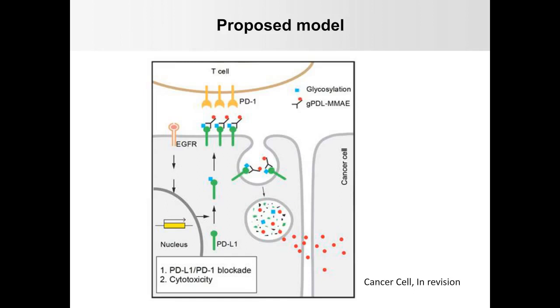Once the antibody and the PD-L1 get degraded, the cancer cell cytotoxic drug will be released to kill the PD-L1 high-expressing cell, and also create a bystander effect, which will eradicate the cancer cells that do not express PD-L1. So this will create a profound therapeutic effect in eradicating triple-negative breast cancer.